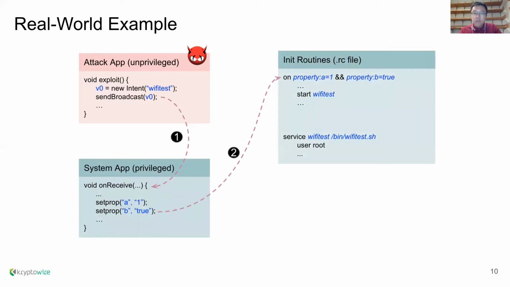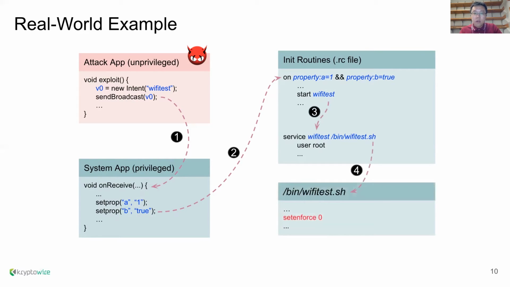Later, this action will start a service named Wi-Fi test. This service will execute the referred script. Finally, the script would execute the setenforce 0 command. This command disables SELinux, which disables primary system defenses, including access control enforcement between processes on the system.